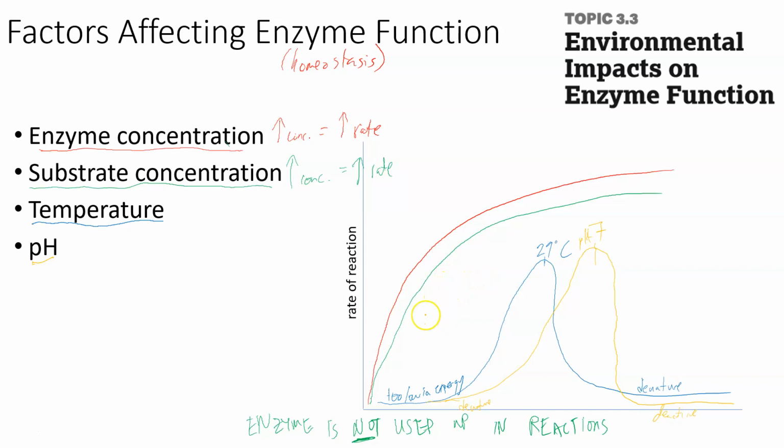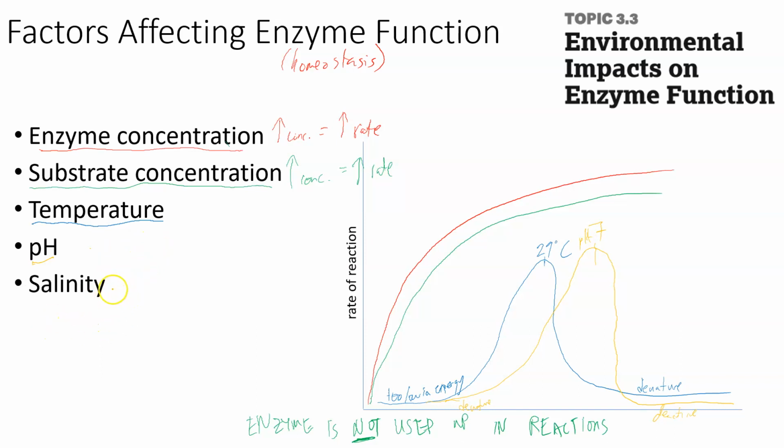You would have enzymes that were more active down there in your stomach, right? So there's different optimal pHs and different optimal temperatures that enzymes can operate at. So for both of these, temperature and pH, there is some sort of optimal level.